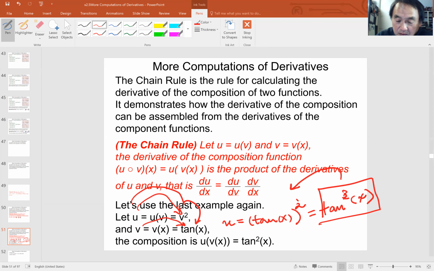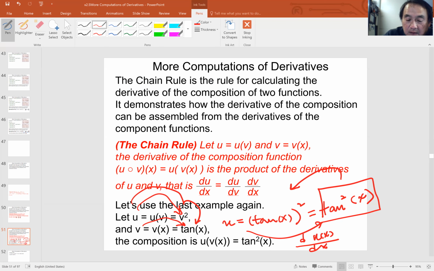If there's a cube there, then it's the cube. So anyway, this here is tangent squared of x. That is u in terms of x directly. And the question is, how do I take the derivative of this formula with respect to x?